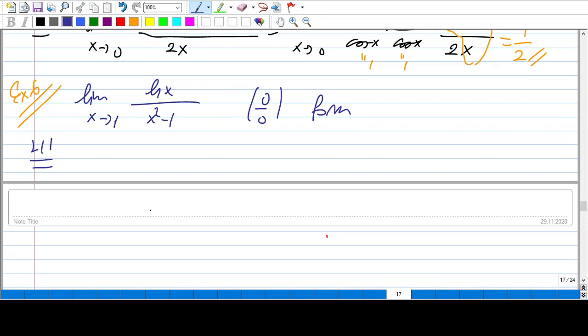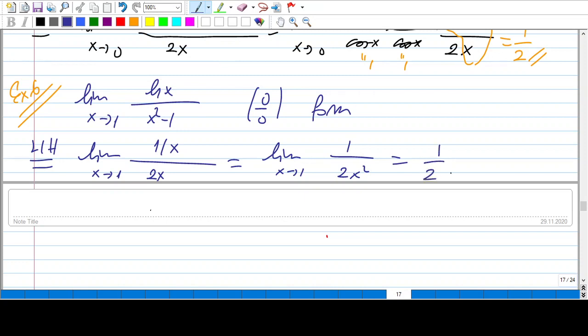Apply L'Hopital directly. Limit x to 1, the derivative of ln x is 1 over x, the derivative of x squared minus 1 is 2x minus 0. So then I have limit x to 1 of 1 over 2x squared, which means we have 1 over 2. Not a difficult question.